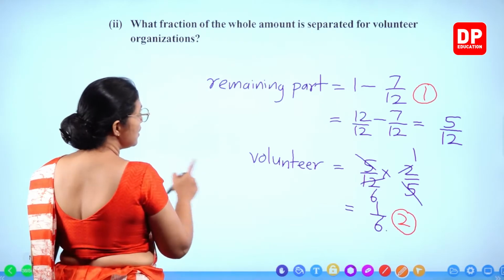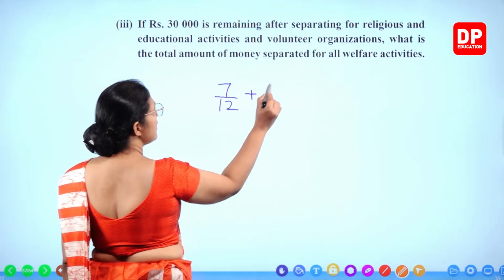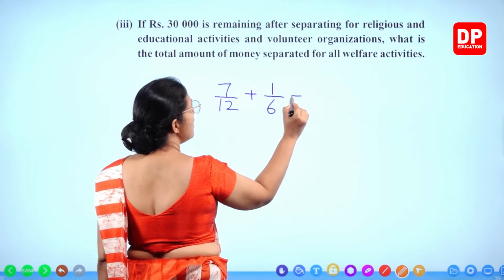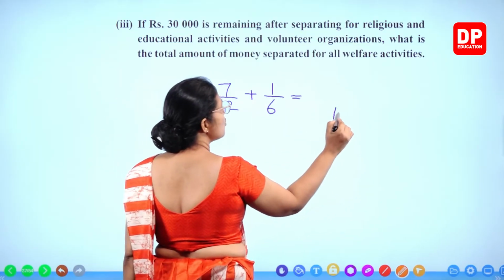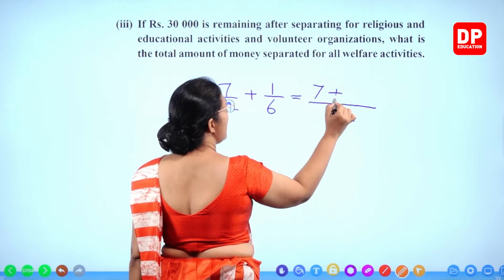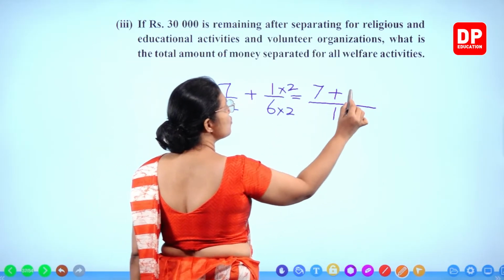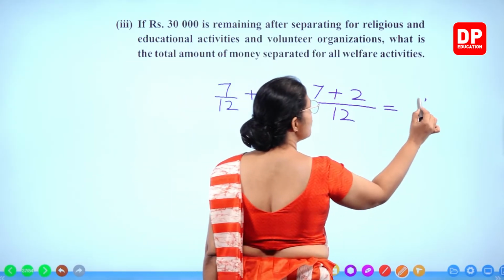And we found 1/6 for volunteer work. So when you take the total of all, 12 is the lowest common multiple. This is 7, and you have to multiply this 1/6 by 2 to get 2/12. So 9/12 parts.